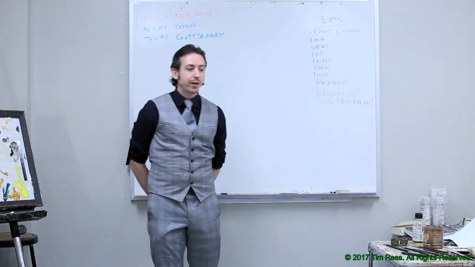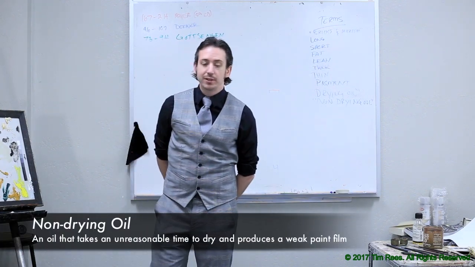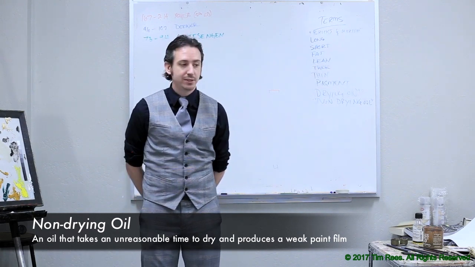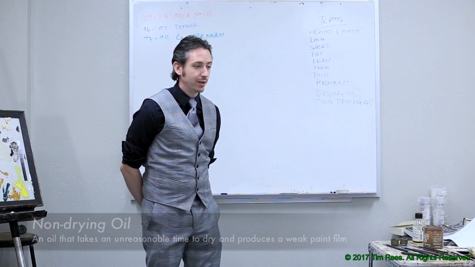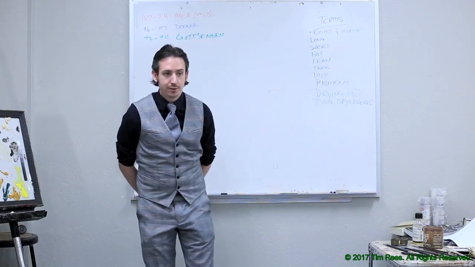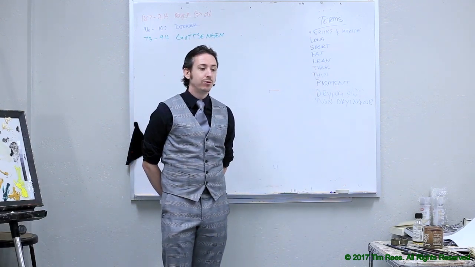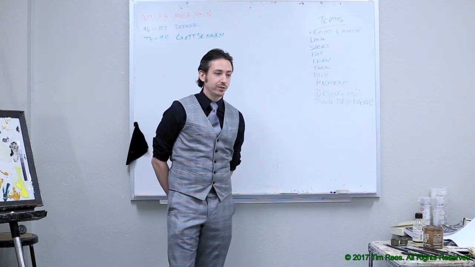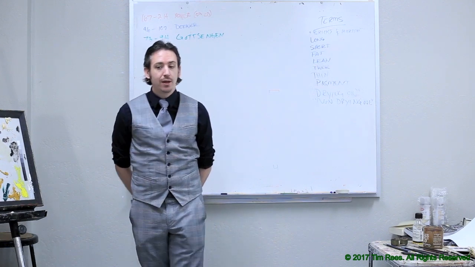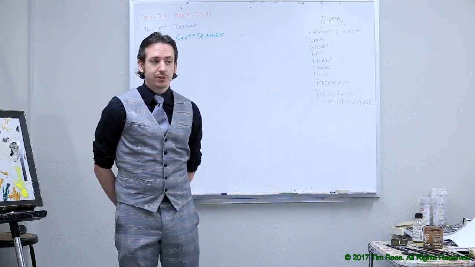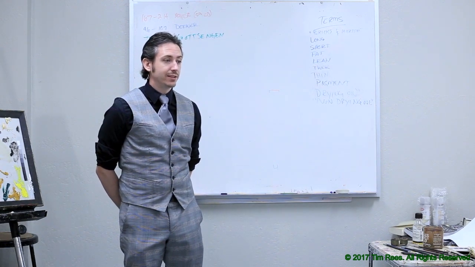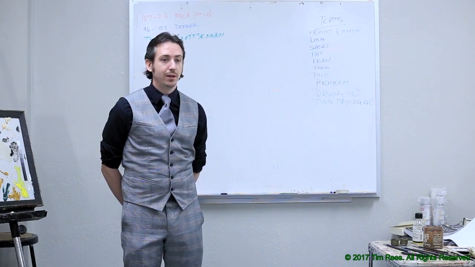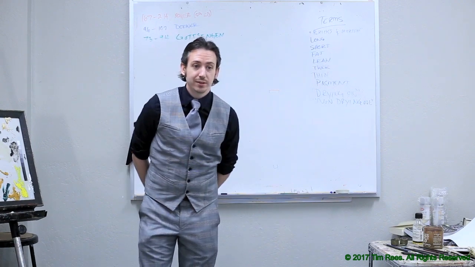A non-drying oil is something that takes so long to dry that it ultimately will create a spongy film that is not viable for painting. If we consider something like olive oil or clove oil, it takes so long to dry that you don't want to use it in excess. So you do have to be a little bit selective. Not all oil is the most ideal to use for painting, so we have to consider that.